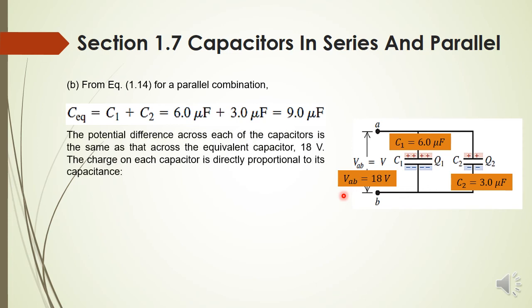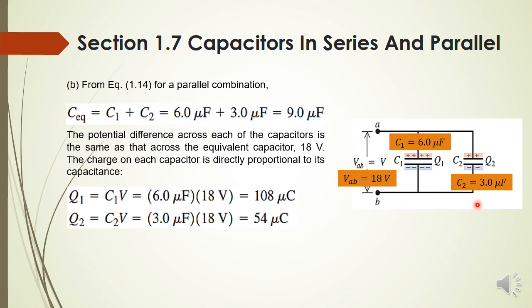The potential difference across each of the capacitors is the same as that across the equivalent capacitor. So, VAB is 18, the voltage here is 18 and the voltage here is also 18. And the charge on each capacitor is directly proportional to its capacitance.